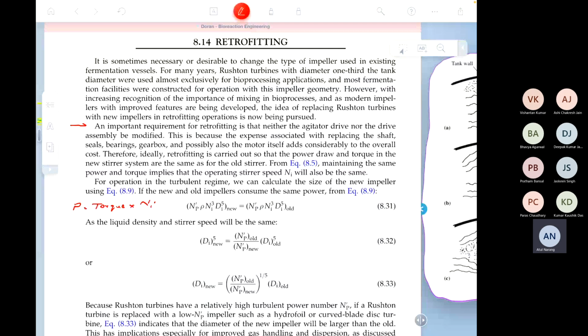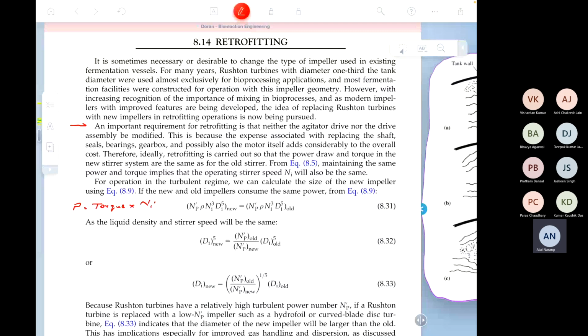This is because the expense associated with replacing the shaft, seals, bearings, gearbox, and possibly the motor itself adds considerably to the overall cost. Therefore, ideally, retrofitting is carried out so that the power draw and the torque in the new stirrer system are the same as for the old system.